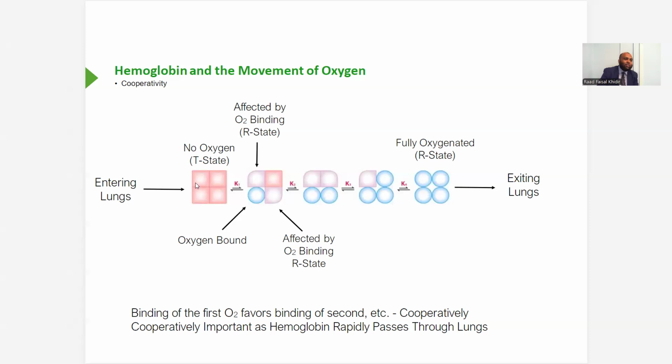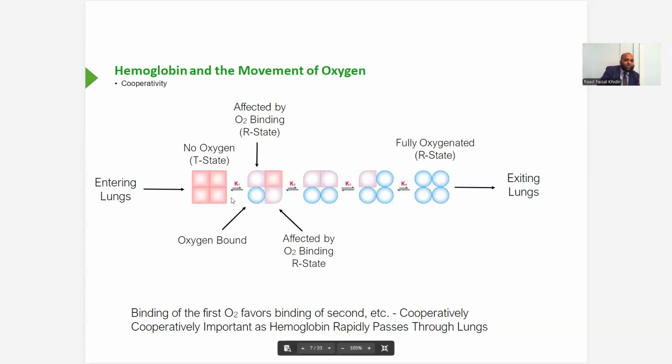When we went uptown, downtown. Oh, very good. Excellent. So to help you remember the T state, because you got to know those. The T state is tense, or like Agatha said, top, because that happens at the top. When you're in the lung, you are about to load the oxygen.